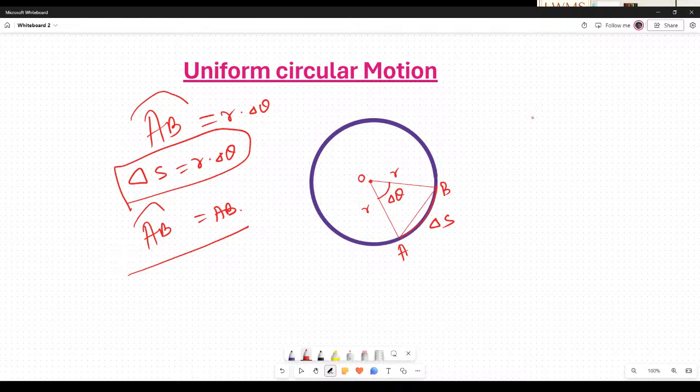So, displacement of a particle in circular motion is defined in a fixed time. So we say angular displacement.